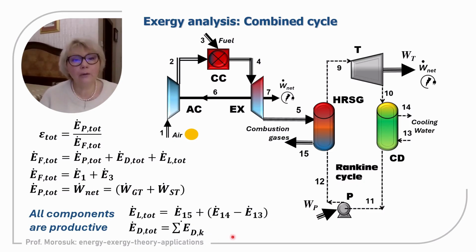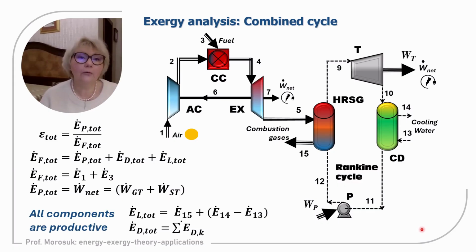Interesting is to discuss losses of the combined cycle. If we assume that all components are productive, then losses will be stream 15. It is combustion gases that will go to the environment. It is exergy transfer to the environment, plus the difference between 14 and 13, so cooling water for the condenser, in case the condenser is considered a productive component.